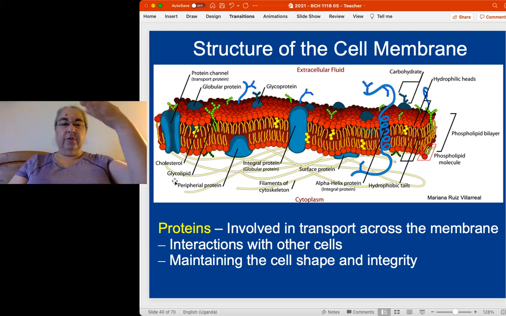So we're looking at a sort of cross section. It's been cut through the middle so we can see its hole. And this is a transport protein or a protein channel. This is a protein whose function is to allow transport across the lipid bilayer of the cell membrane.